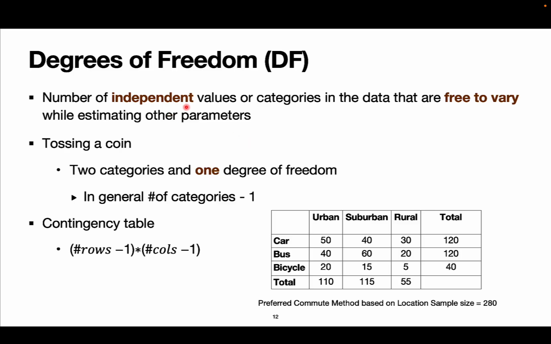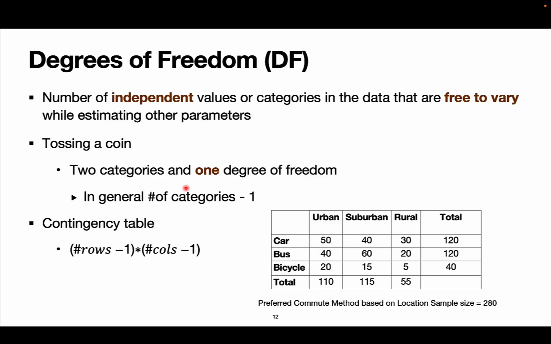There is always going to be a number of independent pieces or values or categories that are free to vary while we estimate the values of other parameters. For instance, in the coin tossing problem, once we know that we have 60 heads, it becomes clear that there are going to be 40 tails. So the number of degrees of freedom in this case is 2 categories minus 1, which is 1.